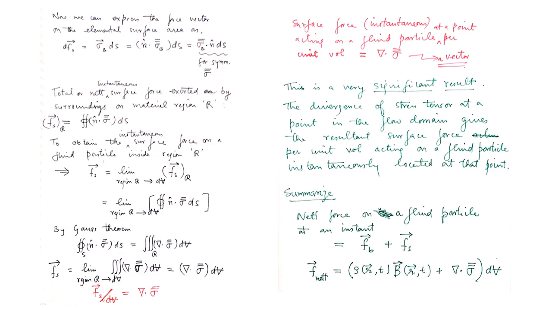So again I repeat, rho times B is the per unit mass force field intensity plus the divergence of the stress tensor, the whole thing multiplied by dV gives you the net force acting on a fluid particle.